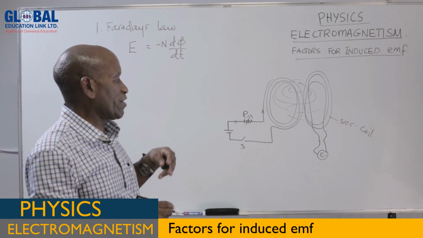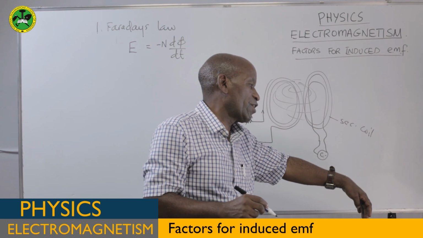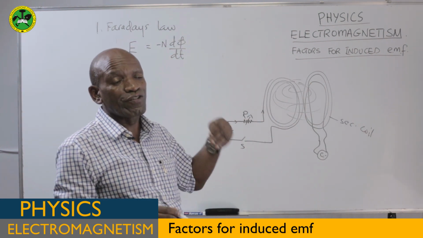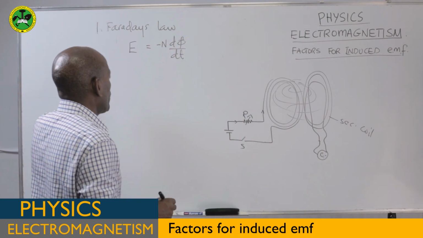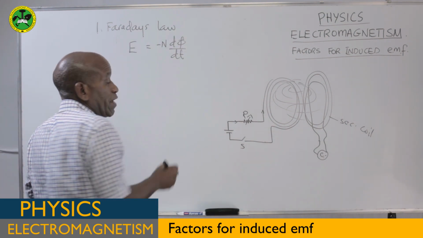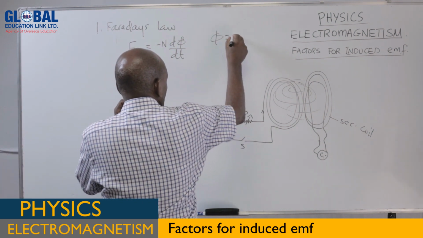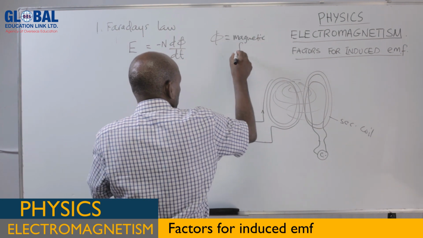That if a variation of a magnetic field makes the current flow in one direction, whenever that magnetic field is varied in an opposite way, the induced current will flow in an opposite direction. So Faraday's law is based on this particular case, where this phi there is what we call the magnetic flux.